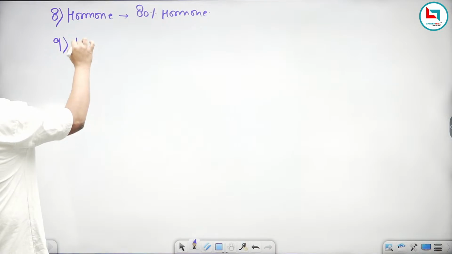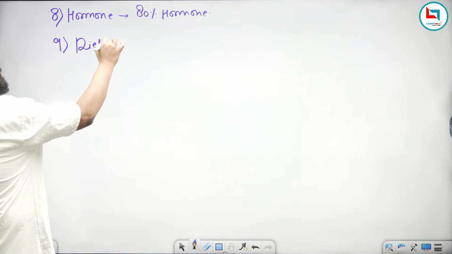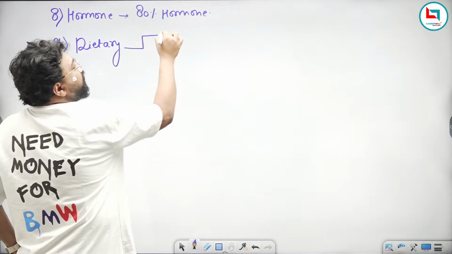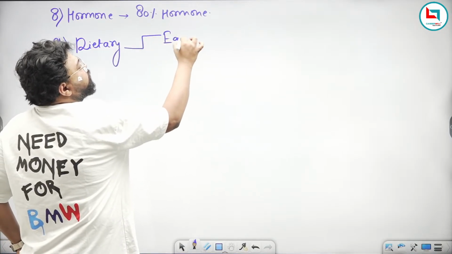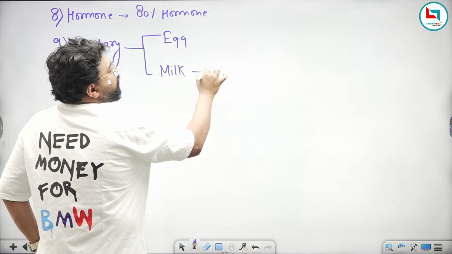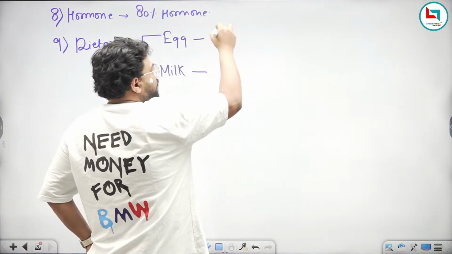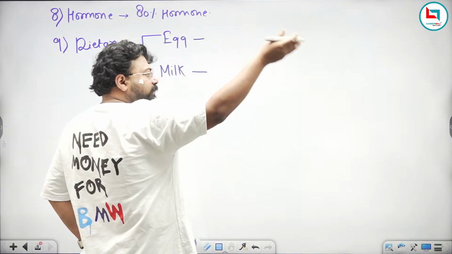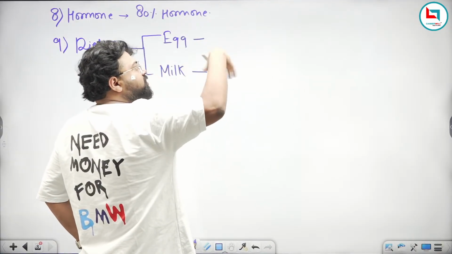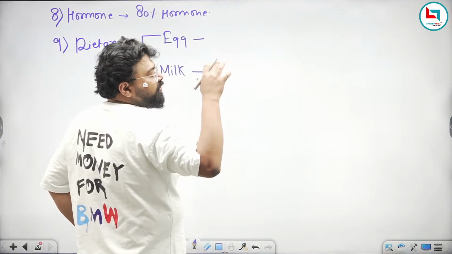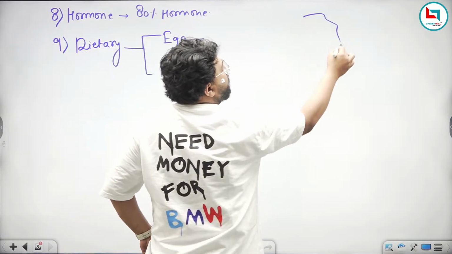We have dietary protein. These are the proteins which we can eat in our diet. These are found in egg and milk. An egg contains two different parts.